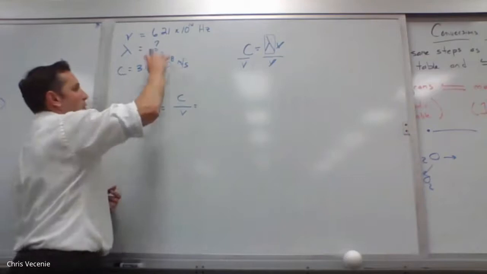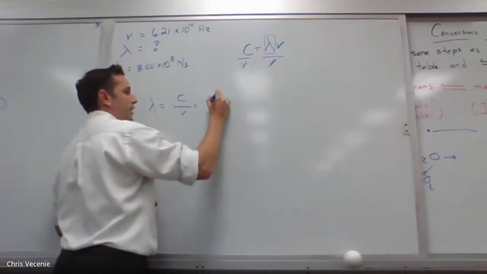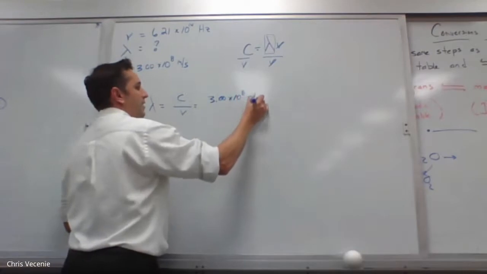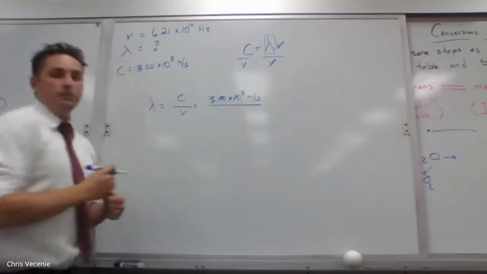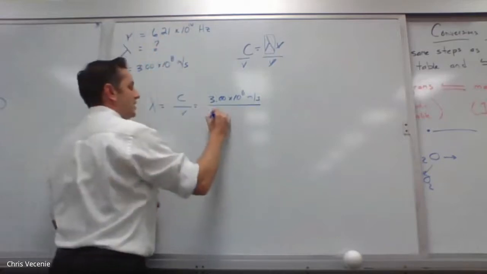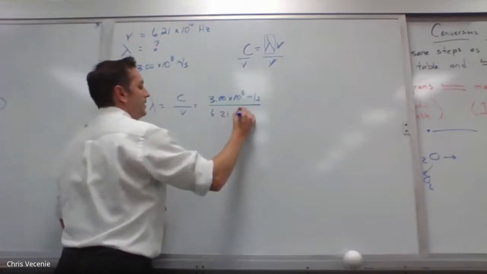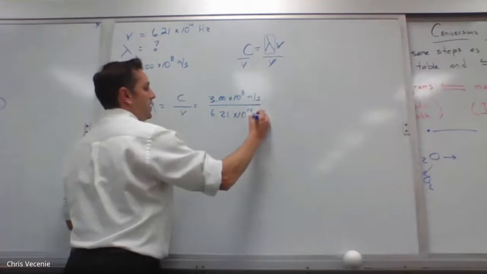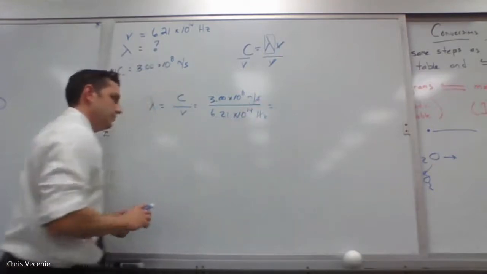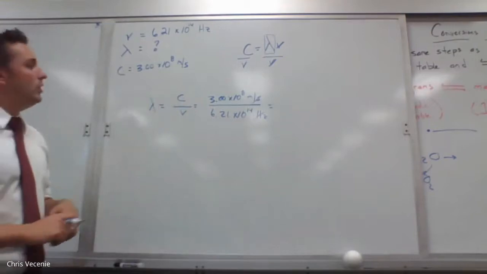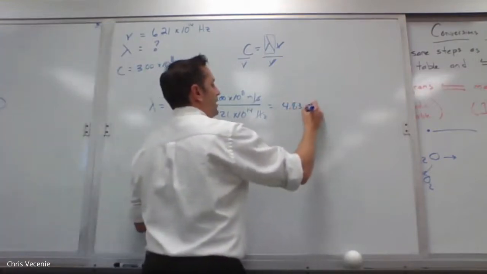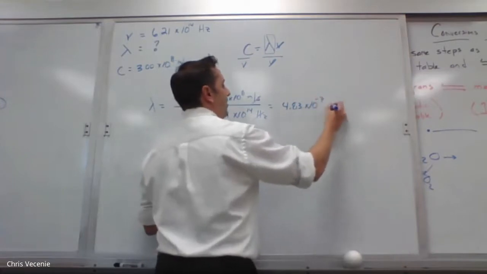I pull C down, put it in here, 3.00 times 10 to the 8th meters per second. I pull V down, which is the 6.21 times 10 to the 14th hertz. Those can cancel, and I end up getting 4.83 times 10 to the negative 7th meters.